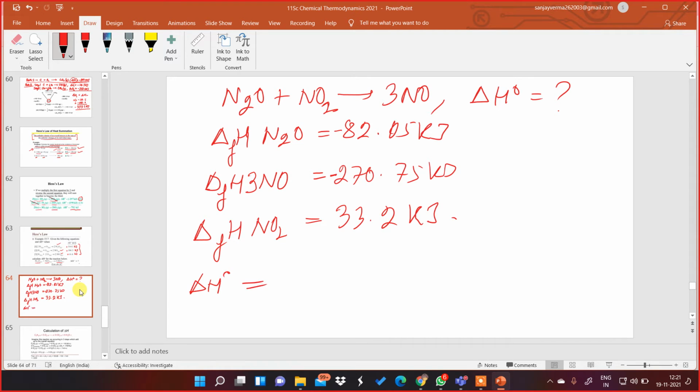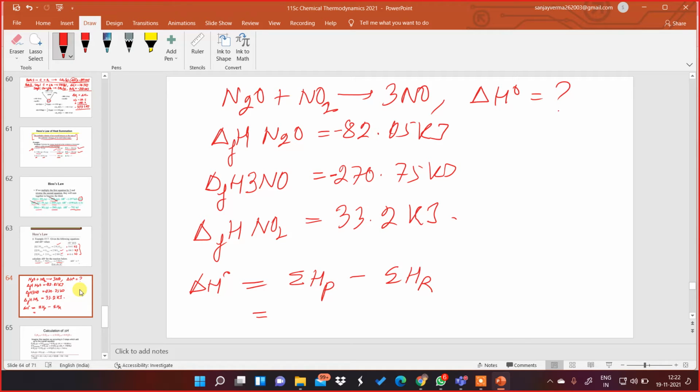What is the formula which I had given yesterday to calculate the enthalpy of the reaction? Let's go through it. Delta H naught is equal to what? Summation of H of product minus summation of H of reactant, isn't it?